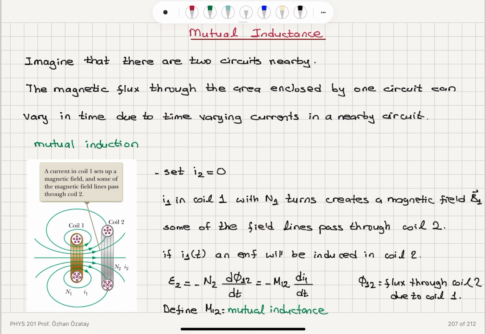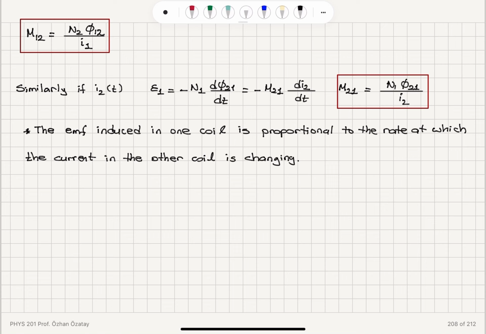So M12 is the mutual inductance. If I consider the symmetric situation where coil 1 current is set to 0 and coil 2 has a time-varying current, then I would have minus N1 d phi21 dt equal to minus M21 di2 dt, and M21 would be N1 phi21 divided by I2.